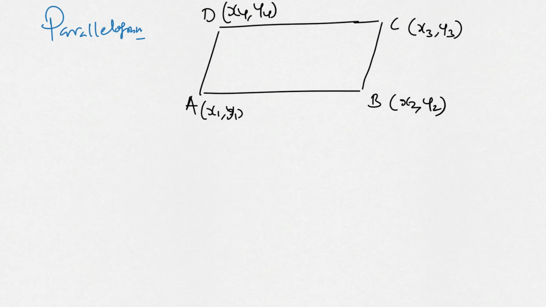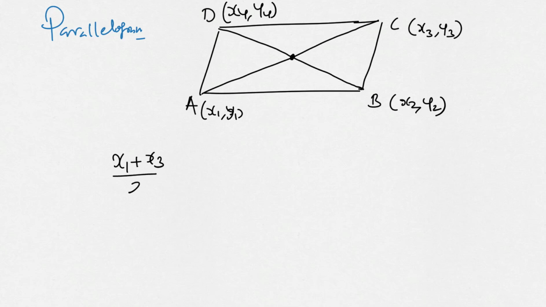How to find that? We can simply apply the concept that diagonals bisect each other in a parallelogram, right? So they will meet at the same coordinate. What is the midpoint of AC? (x1 plus x3) over 2, and that will be the same as (x2 plus x4) over 2. So simply x4 comes as x1 plus x3 minus x2.